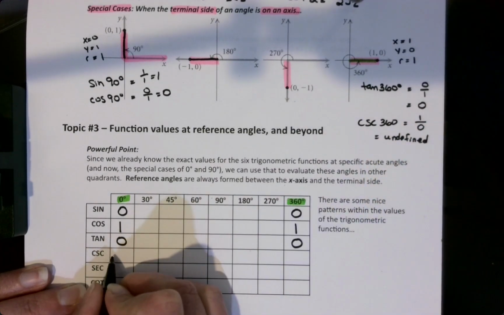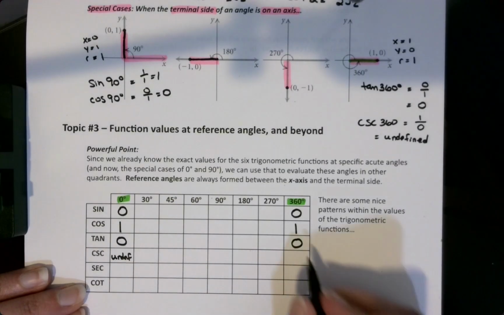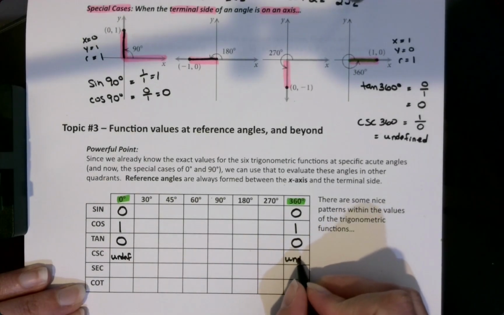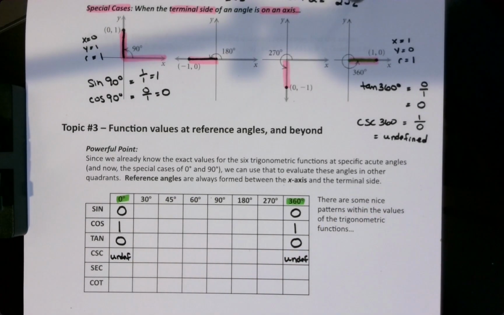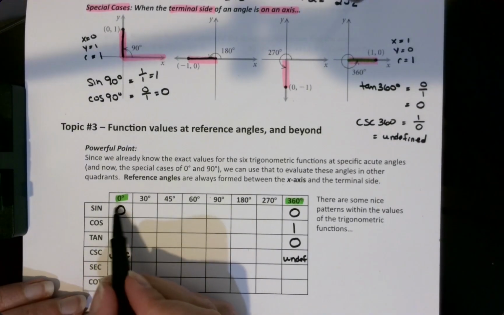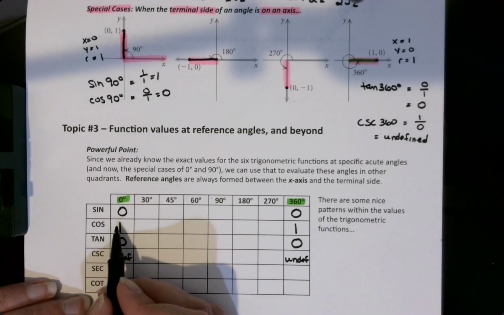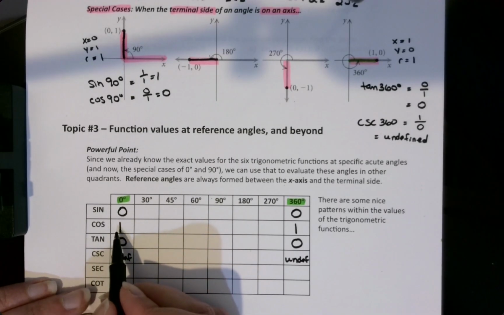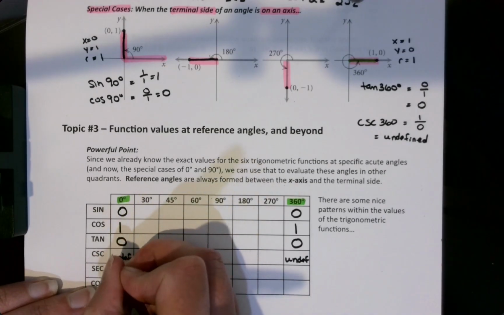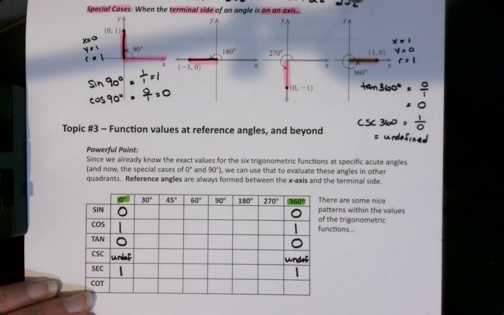So I'm just going to abbreviate this right here: undef, just short for undefined. I can't fit the whole word in the box. So these are undefined. I'm not able to divide by 0. So if my sine value is 0, its reciprocal, 1 over 0, is undefined. If the cosine value is 1, the reciprocal, 1 over 1, is still 1. And the cotangent, 1 over 0, is going to be another undefined.